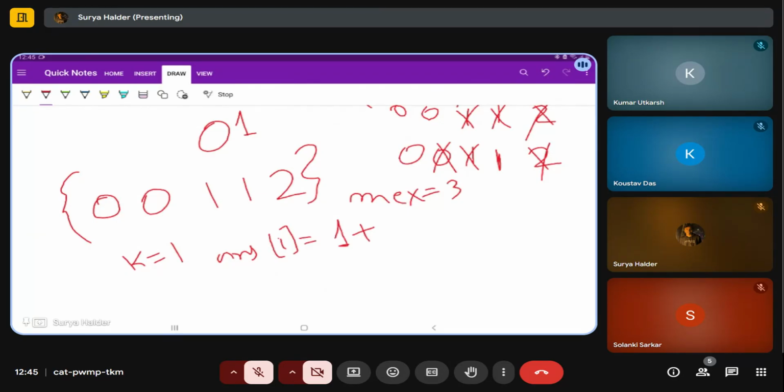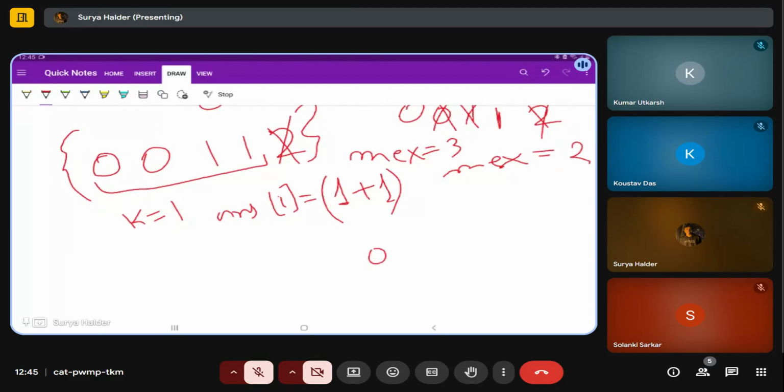Only 2 is having count 1. So if I remove this 2, then basically I am getting, correct? So 1 plus 1.